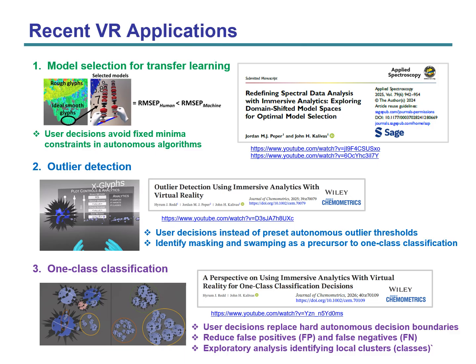Interestingly, in the one class classification, again, we were able to reduce the false positives and false negatives that machine learning algorithms were generating, as well as we were able to identify these local clusters. And for us, these were our matrix matched samples. And that would be our precursor for the current project, this fifth one, of doing model or local regression.